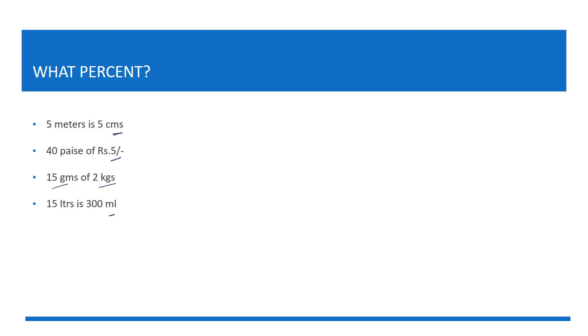Here what we need to do, first of all, let us take the first problem. Here you cannot calculate in this way, you need to convert it into the same unit. Both quantities must be expressed in the same unit of measurement, then only you can calculate. Now, 5 meters and 5 centimeters, I need to find what percent of 5 meters is 5 centimeters, right?